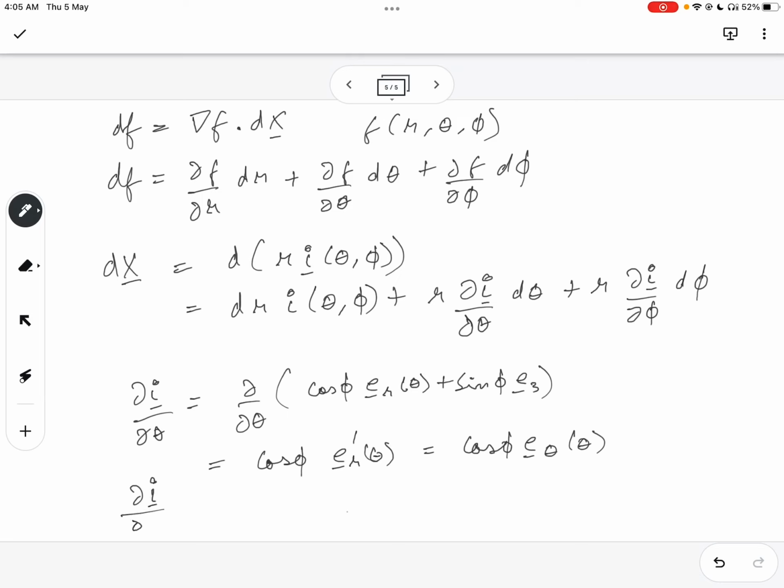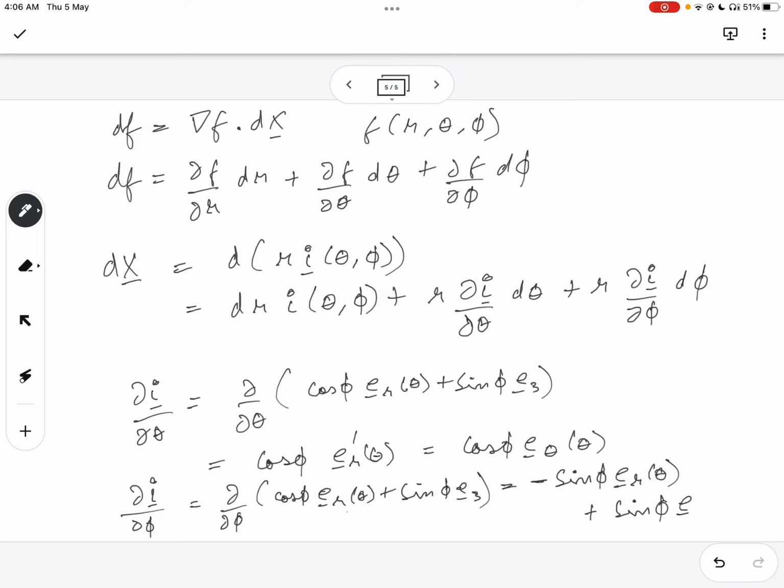And del I by del phi is del by del phi of cos phi e r theta plus sin phi e3. This is minus sin phi e r theta plus, sorry, this is cos phi, derivative of sin is cos phi e3.